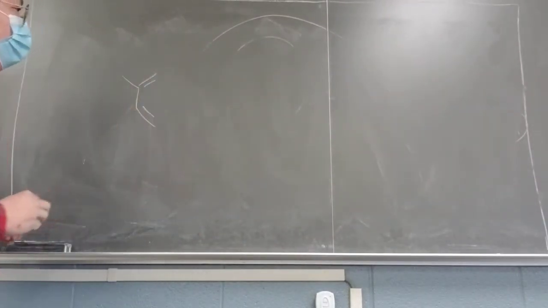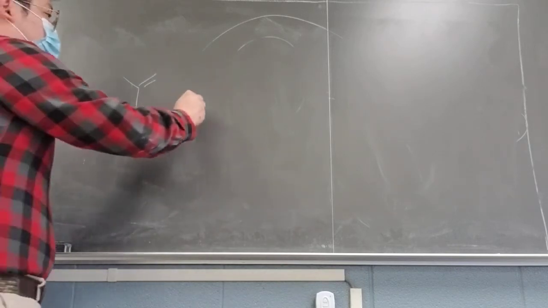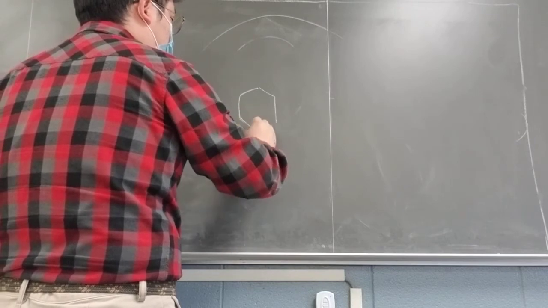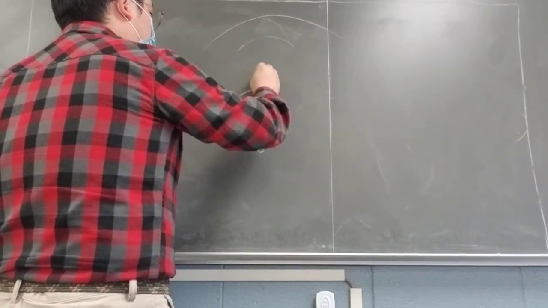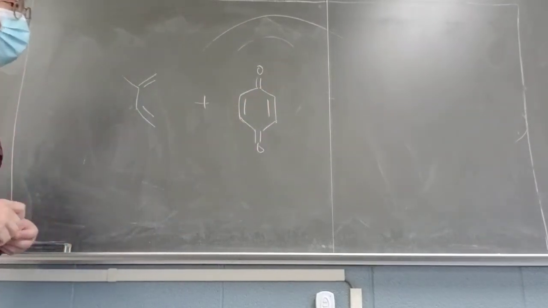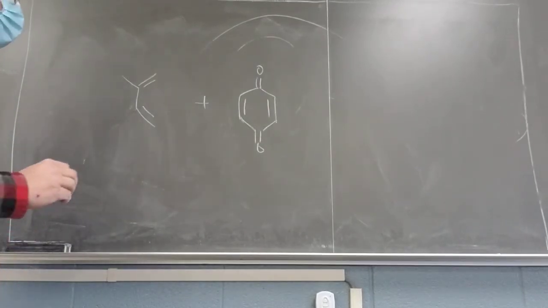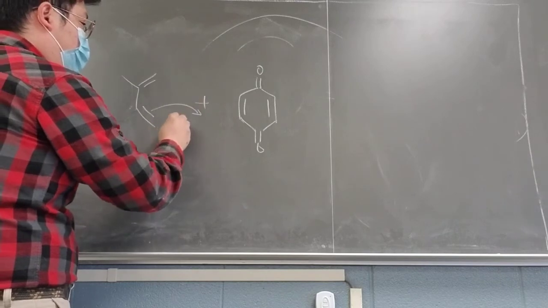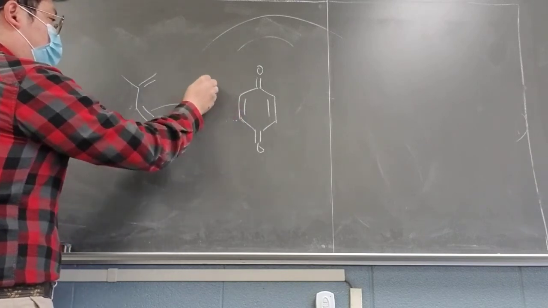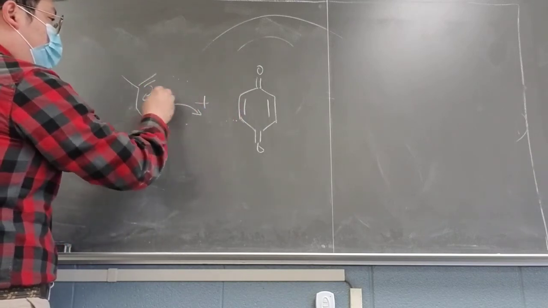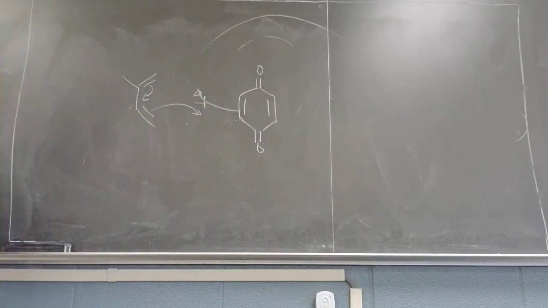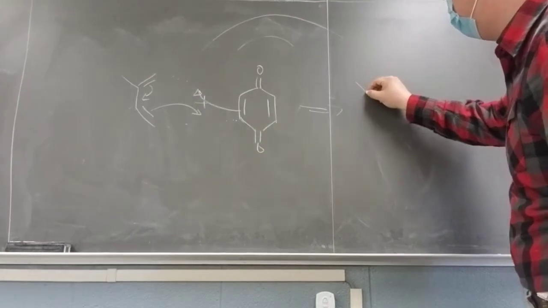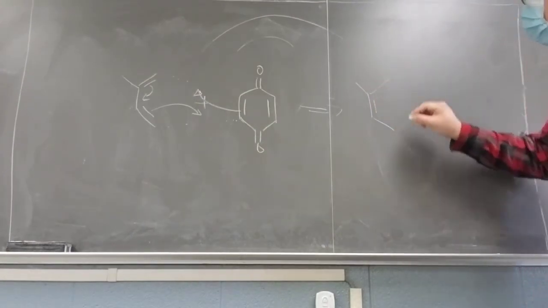If you have this one over here, if it comes into benzoquinone, okay, looks like this one. And then obviously you know for sure this is going to be in here, here, and here. Okay, so the outcome will be this, right, and the single bond.